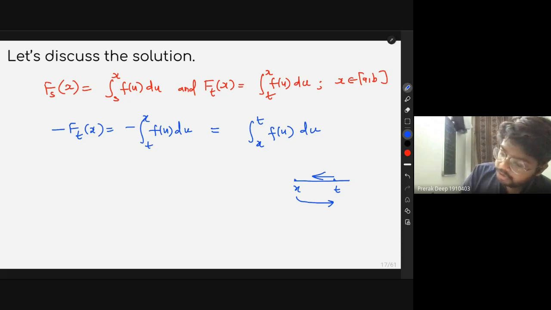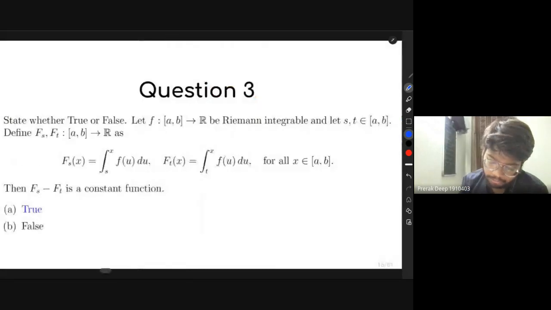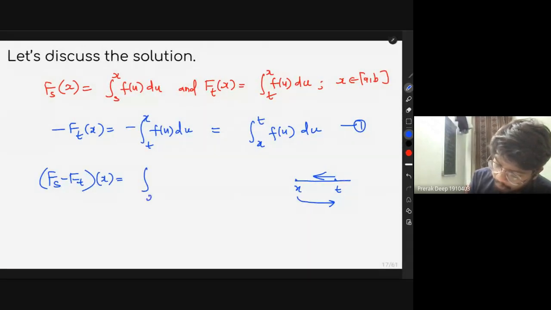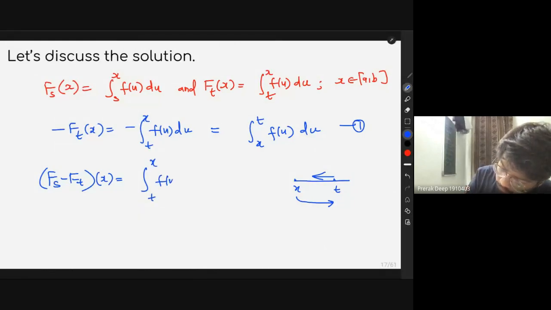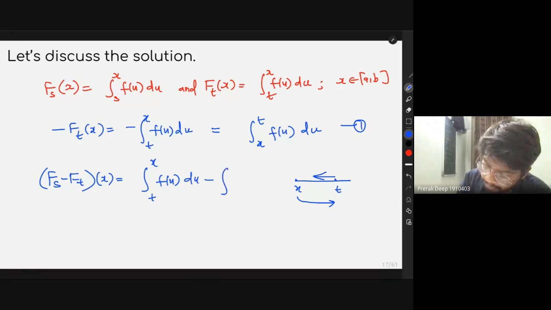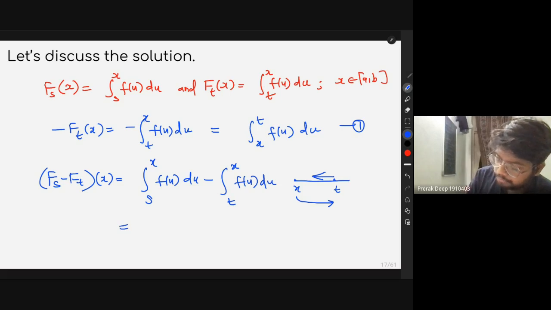Yeah. So we use this property, and now when I have to find F(s) minus F(t), this function is going to be defined as the integral from t to x of f(u) du minus the integral from s to t, and then t to x of f(u) du.